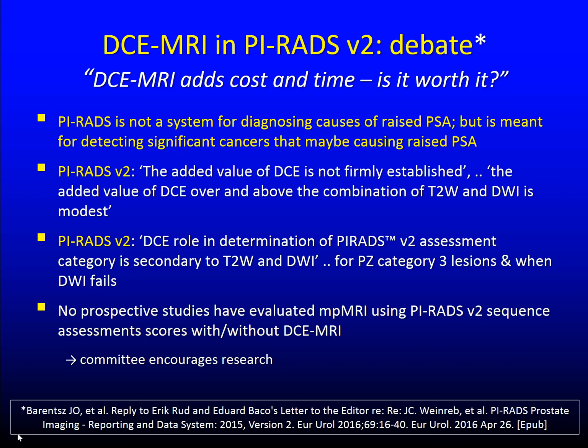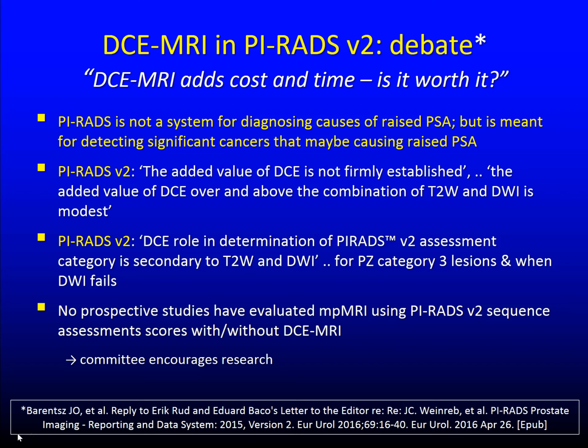We have to remember that PI-RADS is not a system for diagnosing the causes of PSA. It is meant to be a system that enables the detection of significant cancers that may be causing a raised PSA.